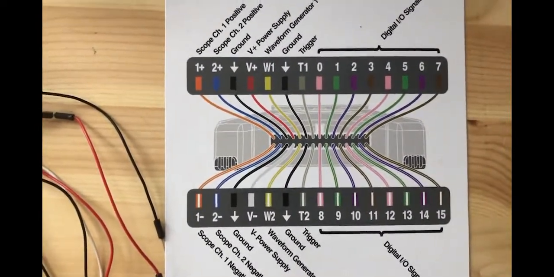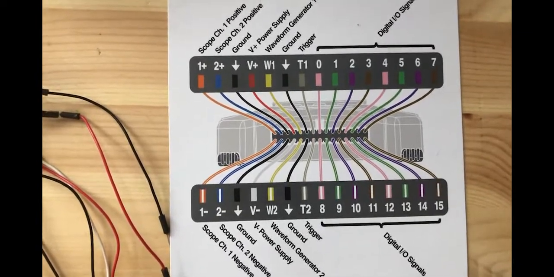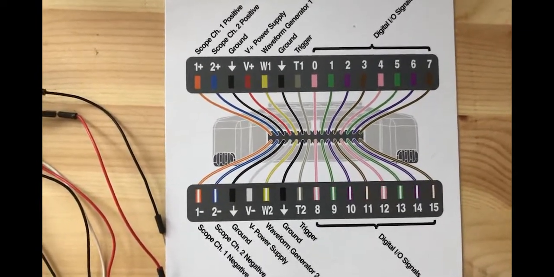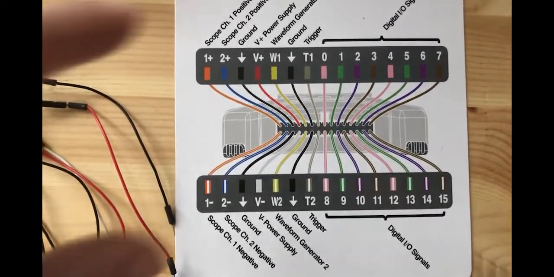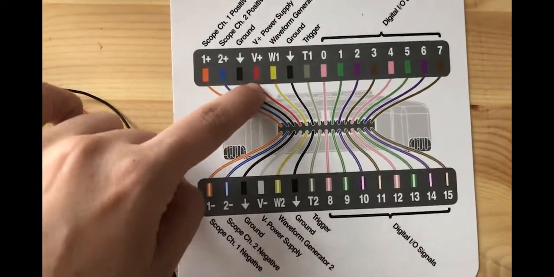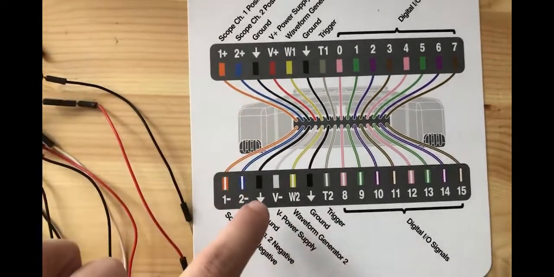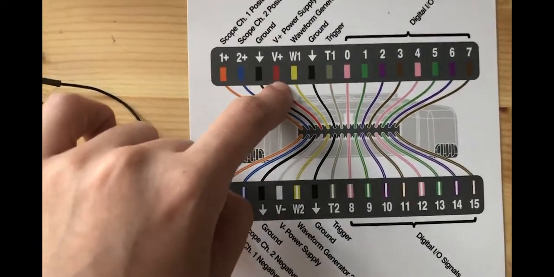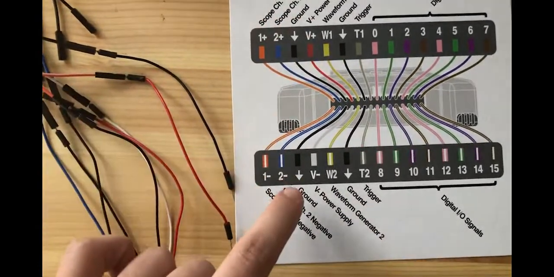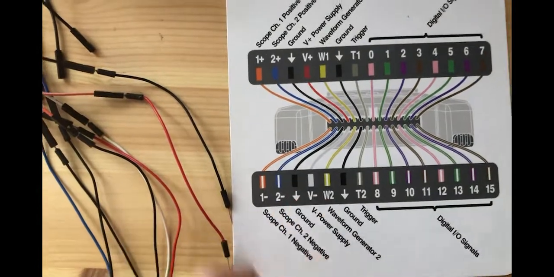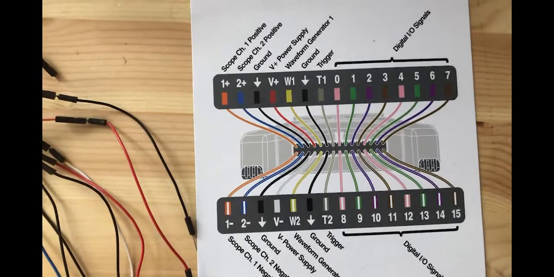The second one is the second channel of the oscilloscope, the blue one and the blue one with the white stripe. The third one is the ground, and the fourth one, this reddish brown one, it's almost red. The red one and this white one are used to have DC values for your power supply.